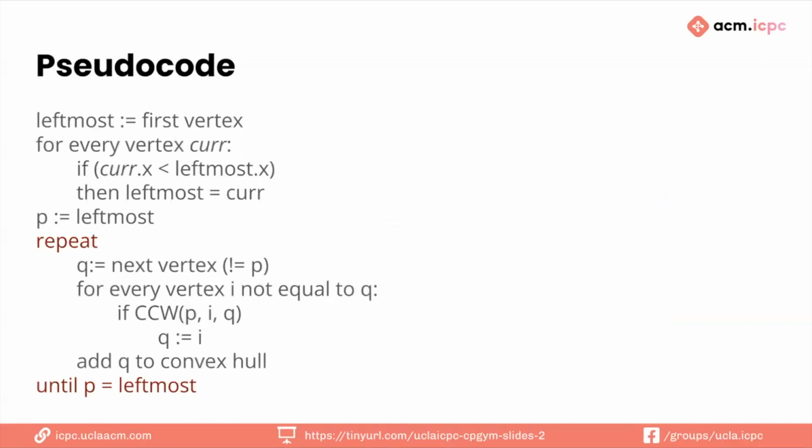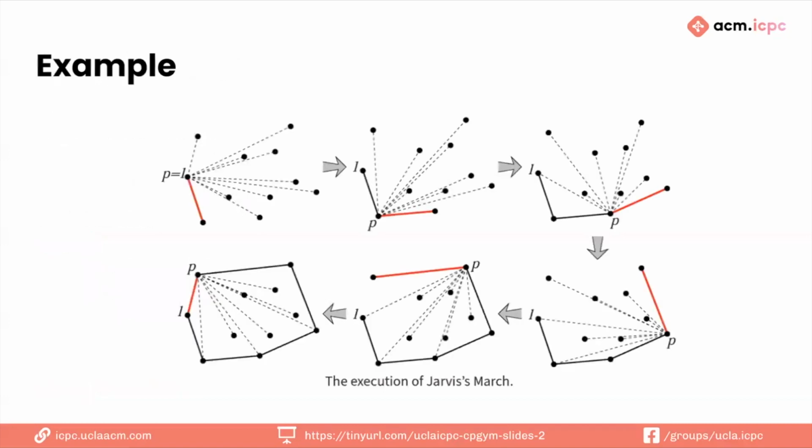What was x3? How do you update to x4? Do you have to iterate over all points? Yeah, so we iterate over all points. So for every point that's not x4, we iterate over all other points, and among all other points, we find the rightmost of all. So if this is x4, which is our previous point, then we look at all other points and find the rightmost out of them. That's going to be x5, and then we add it to the convex hull, and now we just repeat what we just did for x5. Okay.